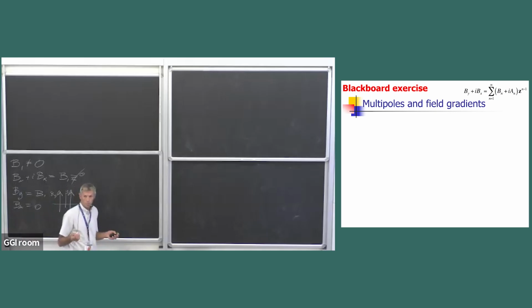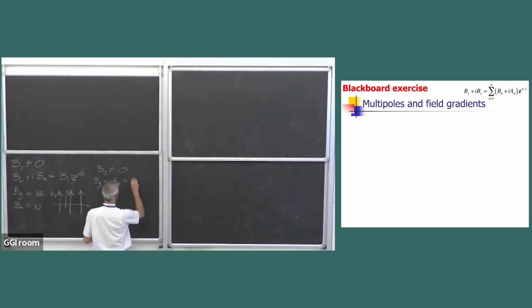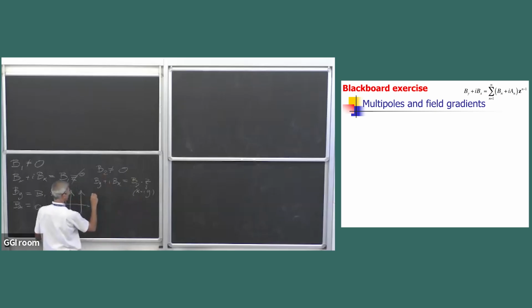Let's start with B2, different from 0, and everything else is 0. Now we do the same thing. So By plus iBx is equal to B2 times z to the power 1. z is actually x plus iy. Okay? Now we expand.